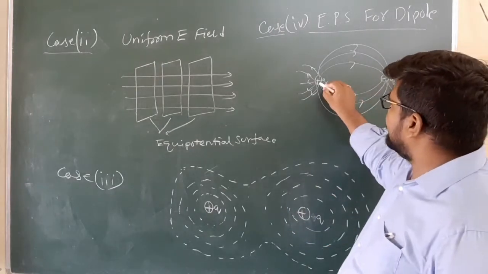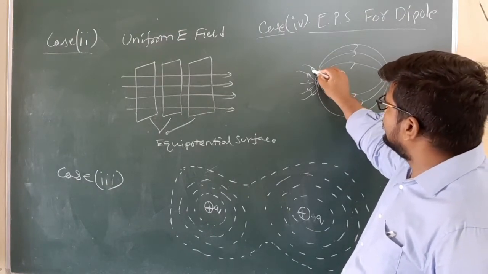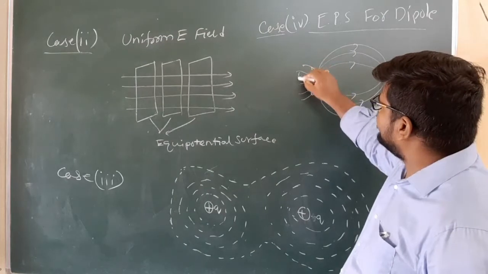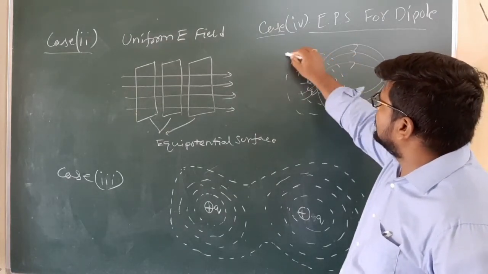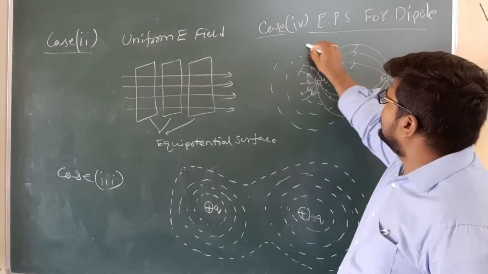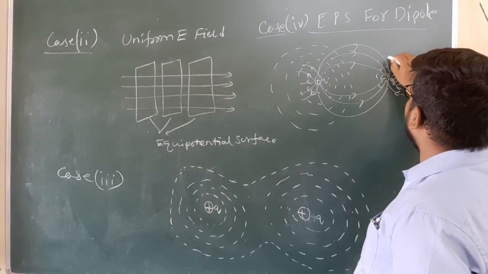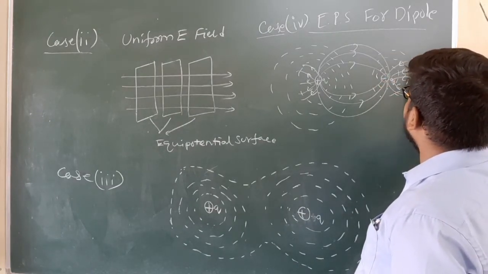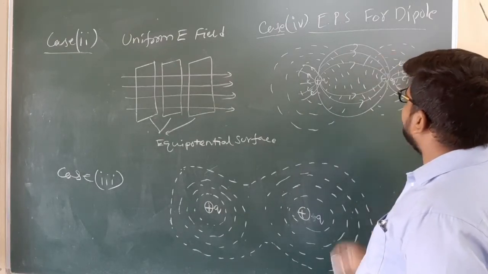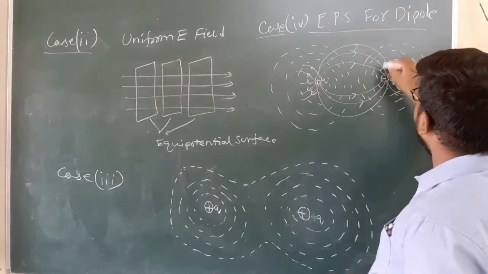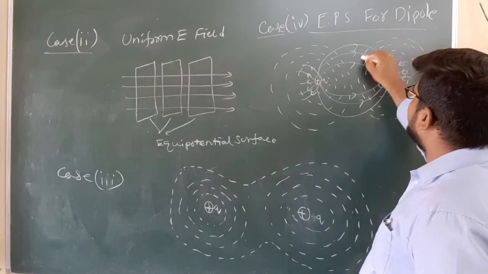Okay, same as for a point charge, we have to draw the equipotential surfaces using dotted spherical lines. Okay, this is for equipotential surfaces for what, my children? Dipole. So dipole means two equal magnitude charges, opposite in nature, separated by a small distance. Okay, so observe carefully, my children.